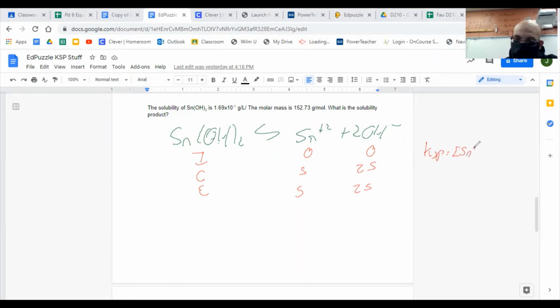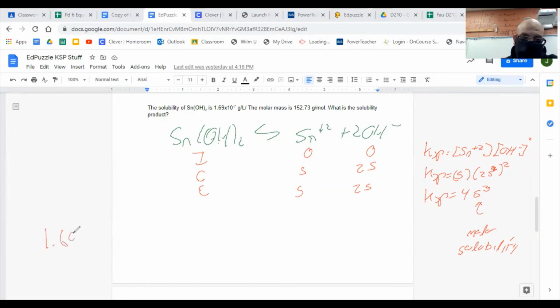Ksp equals tin and hydroxide. So Ksp equals S times 2S squared. Oh, nope, squared on the outside. So Ksp equals 4S cubed. S is the molar solubility. We don't have the molar solubility yet. We have the solubility in grams per liter. So now we're going to say 1.69 times 10 to the negative 7.